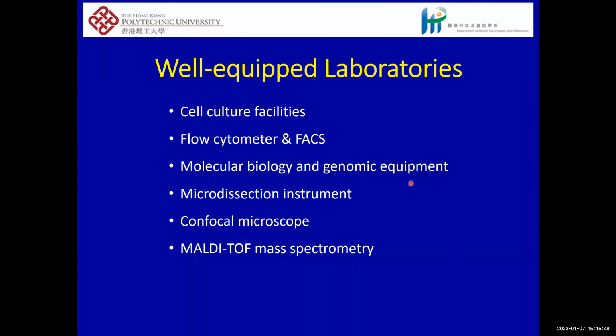And for the research project, as mentioned, I highlight again that it is a recognized criterion for whether our students can be promoted from associate MT to MT. This is required. We have many supervisors and professors here who can supervise the project.